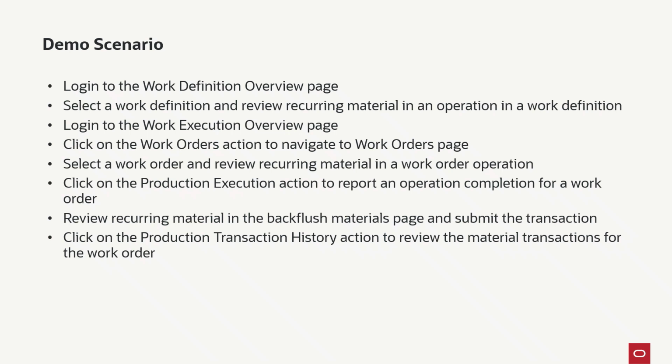We will select a work order to review recurring material in an operation in a work order. Next, we will report an operation completion for a work order. We will review recurring material in the Backflush Materials page and submit the transaction. Finally, we will review the material issue transactions for the work order and production transaction history.